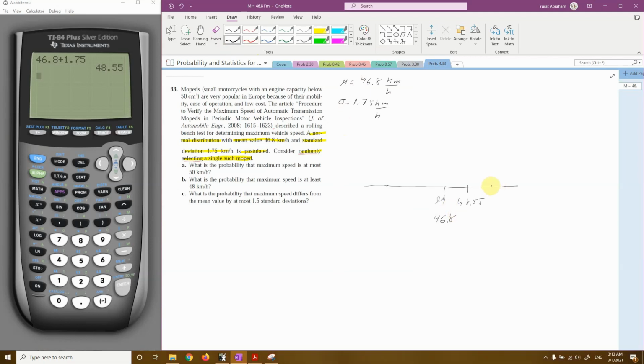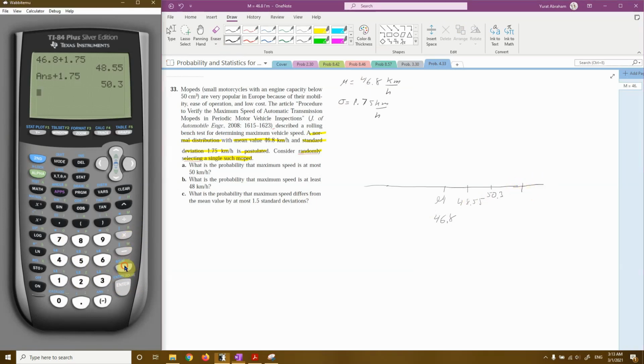So what I'm going to do is the line at the bottom first, the x-axis. Plus again 1.75. That's 50.3.